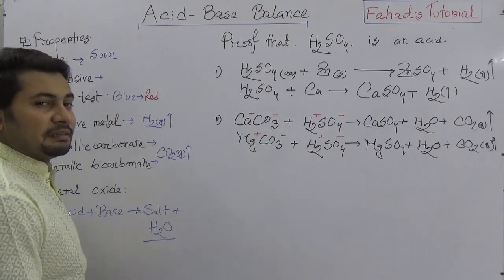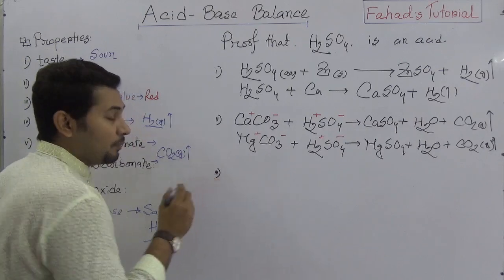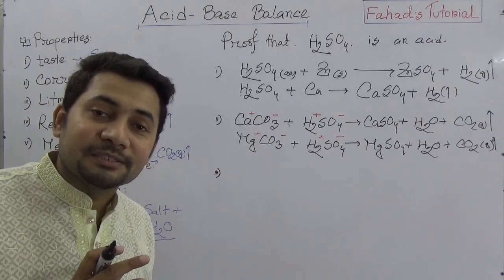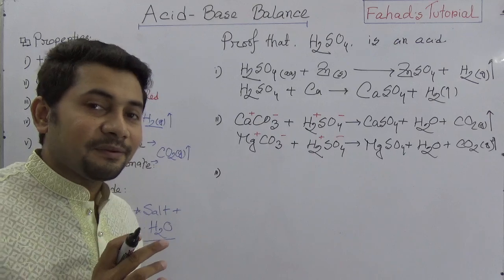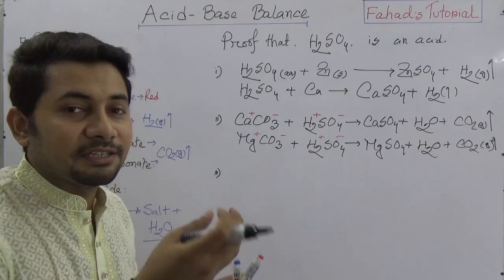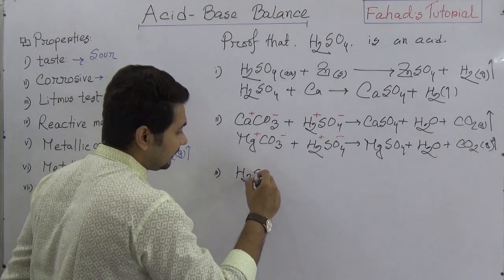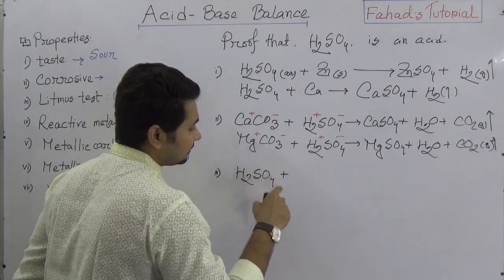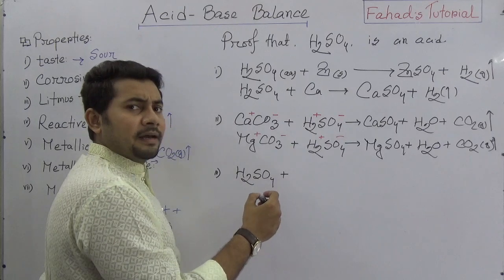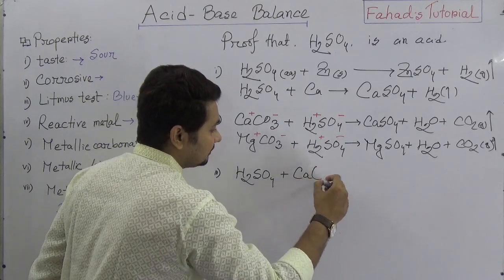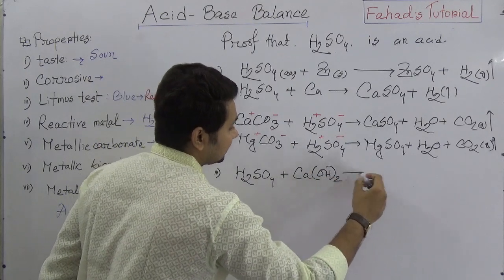Now most important, number three, when dilute acid reacts with a base, what will happen? Base means metallic oxide or hydroxide. Think about it. So sulfuric acid undergoes reaction with calcium hydroxide. Think about it, calcium hydroxide.